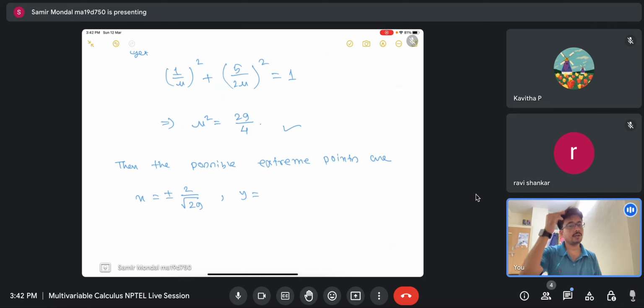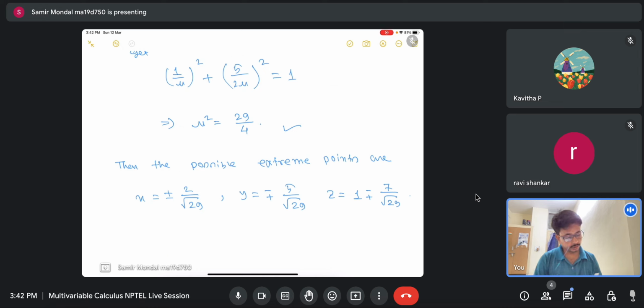Already one negative was there, so it will be negative positive 5 by 29. And z will also be like that, minus plus 7 by 29. If you do the calculation you will get those points. Okay, it's fine.